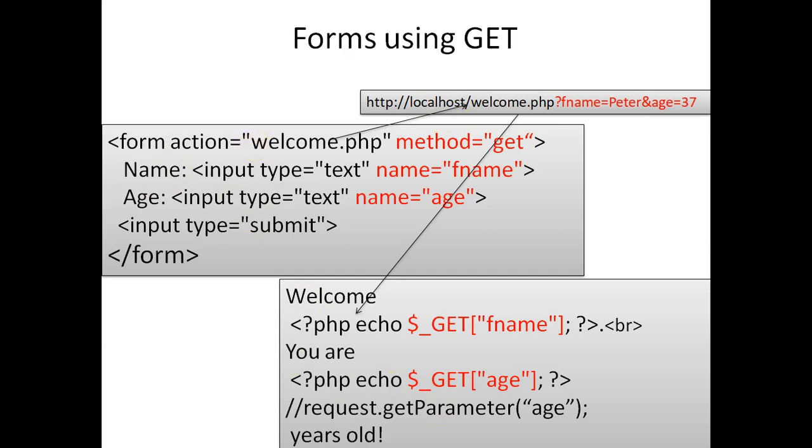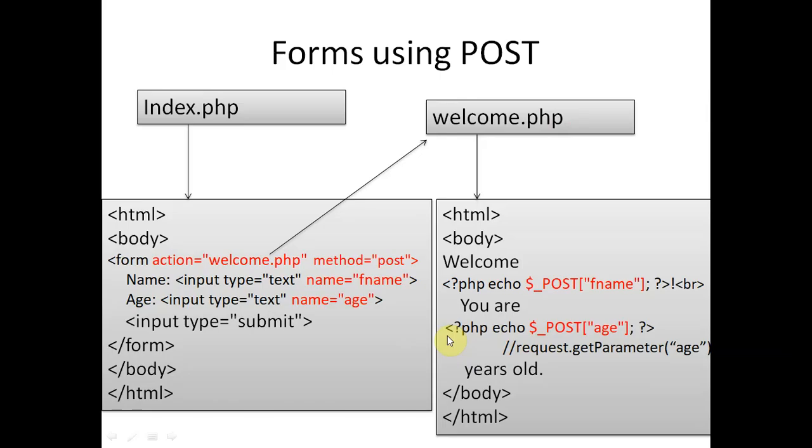Then it will execute the program mentioned on the other server accordingly. The first block is for index.jsp and the second block is for welcome.jsp. As you can see here, the first program is index.jsp and the second one is welcome.jsp.